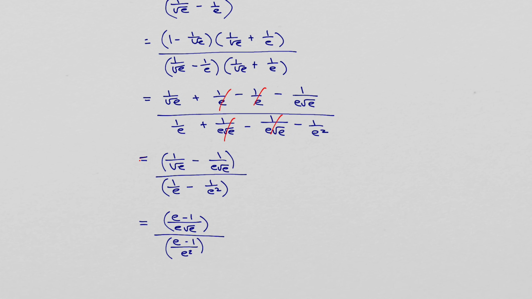So turning it upside down and multiplying, we have e minus 1 over e root e times e squared over e minus 1. And of course, e minus 1 goes into e minus 1 once, and e goes into e once, which gives us e over root e, which is of course root e.